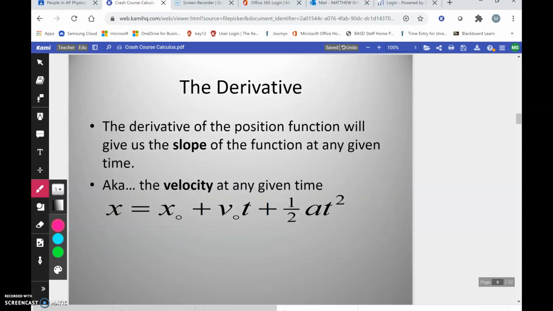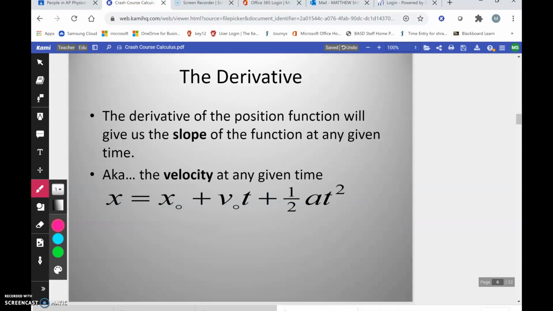But this works in physics too. So here's a familiar function that we have in physics. You should all know this equation with a constant acceleration. Well, what if we did that derivative trick on this equation? So now we take the derivative of this function x.